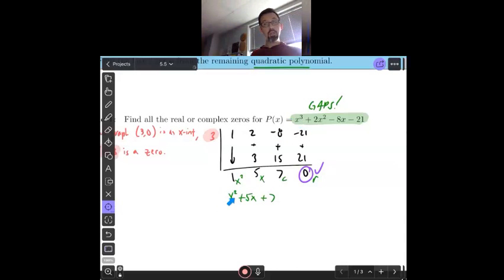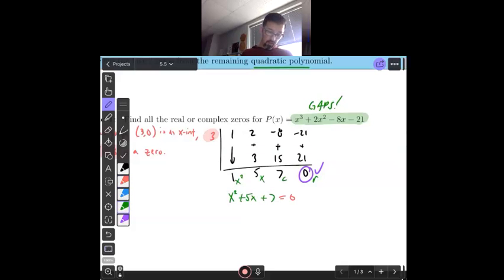So we want to solve a quadratic equation. It needs to be an equation. So what I say here as far as a step goes is you're going to write the resulting polynomial, and then you're going to set it equal to 0.